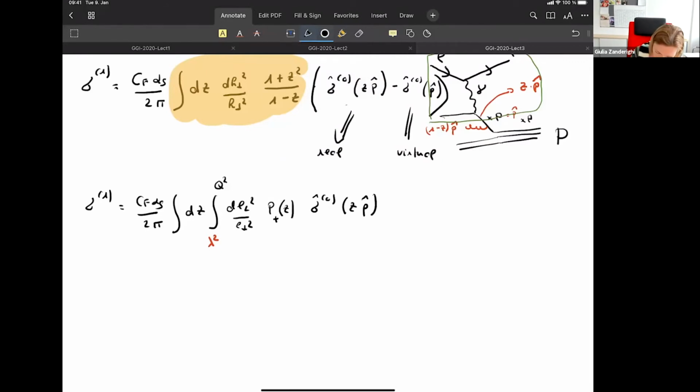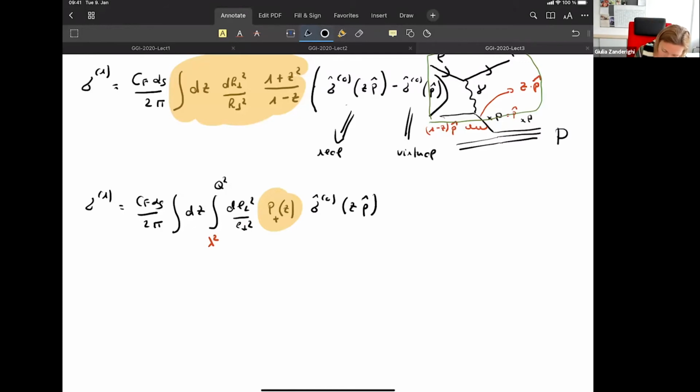So this here is a plus prescription. The plus prescription was introduced in QCD essentially because every time you compute the real and then compute the virtual, you see the real and virtual have the same form, but the virtual has to be evaluated at z equal 1, because when you have a virtual correction, it can never take away energy fraction.